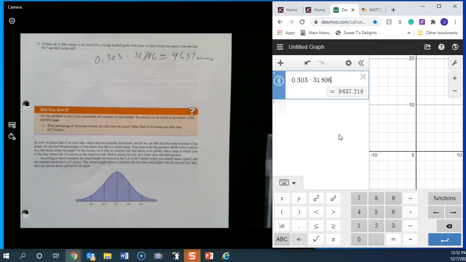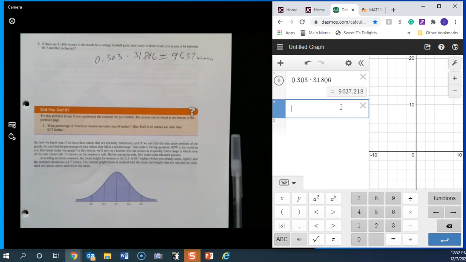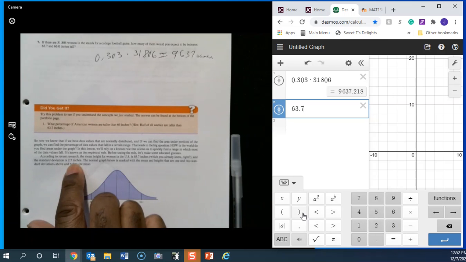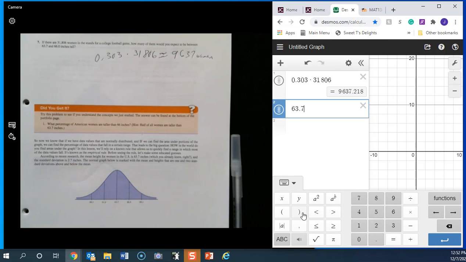Let's talk about standard deviations above and below the mean. What this is saying is this here. We know 63.7, according to this exercise here, is the mean. And they tell us the standard deviation is 2.7 inches. So one standard deviation above the mean would be for you to add one time the standard deviation to the mean.